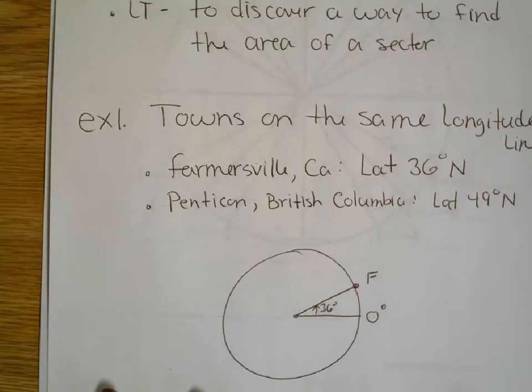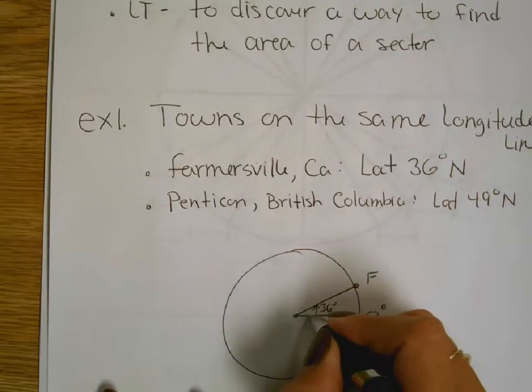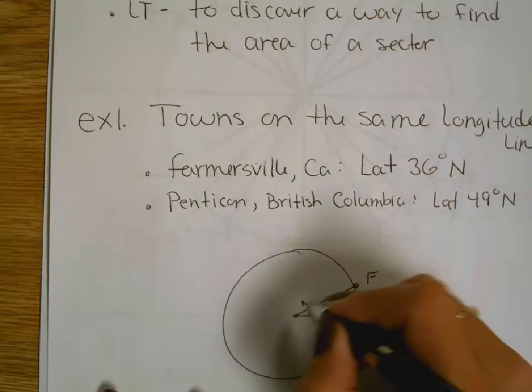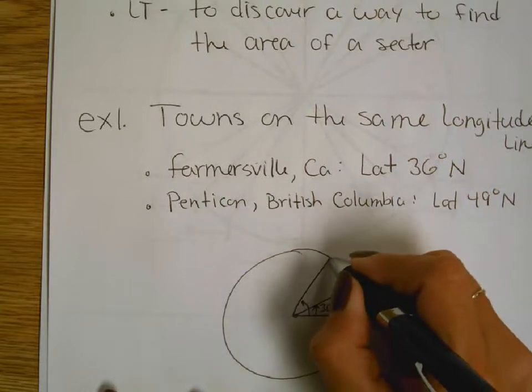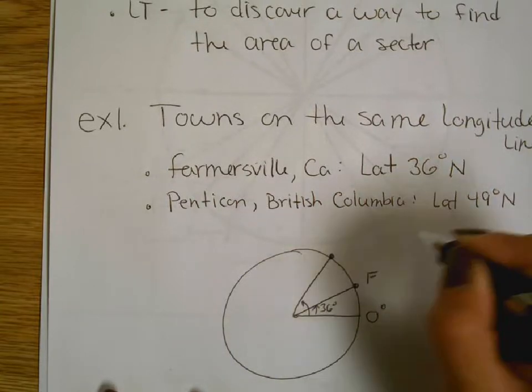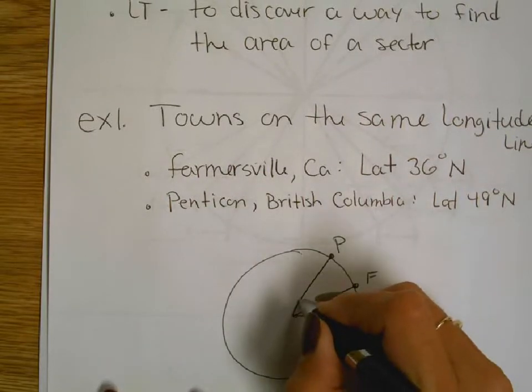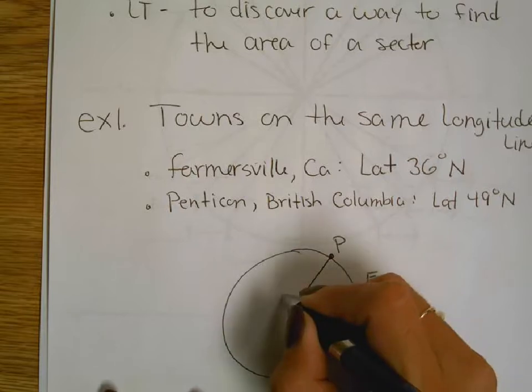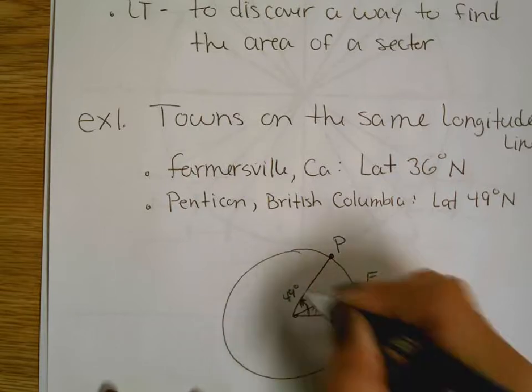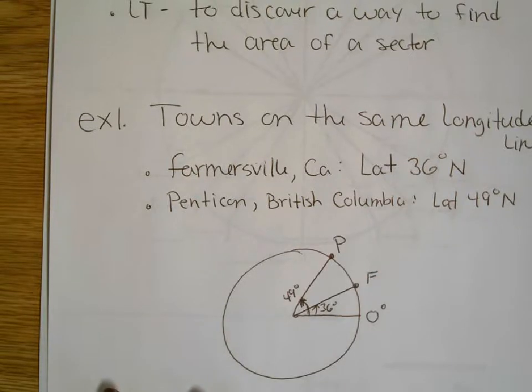If I go up 49 degrees, that's going to be Pentagon, British Columbia. So that whole thing from the equator up was 49 degrees.